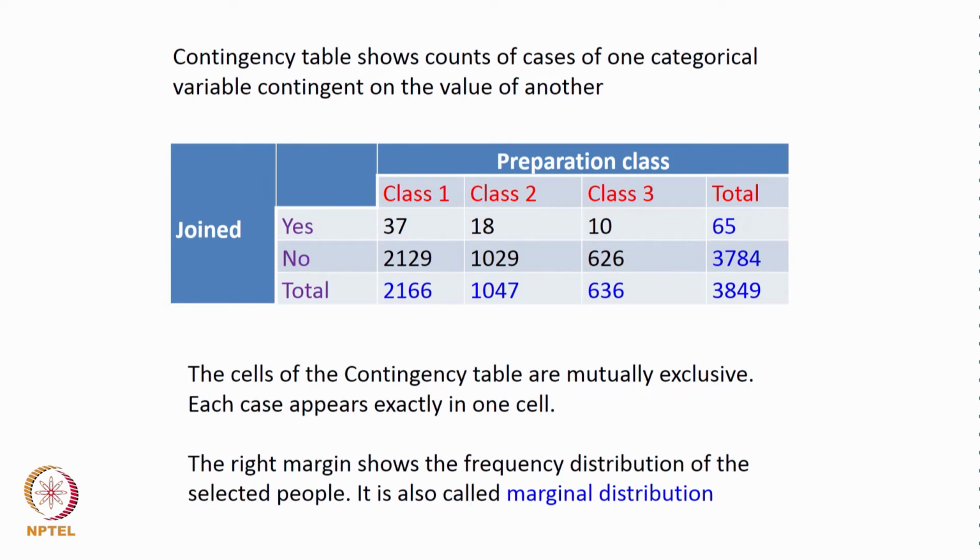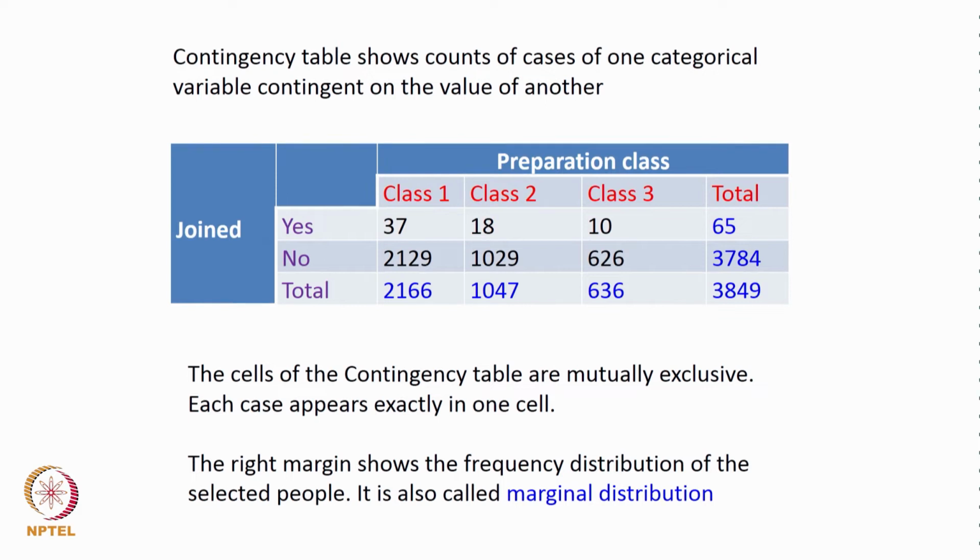Now, let us go back to this data in the form of a table. We have 2 values for joined, yes and no, and 3 values for the preparation classes: class 1, class 2, class 3. The total is 3,849; 65 people joined, and 3,784 either did not or could not join.